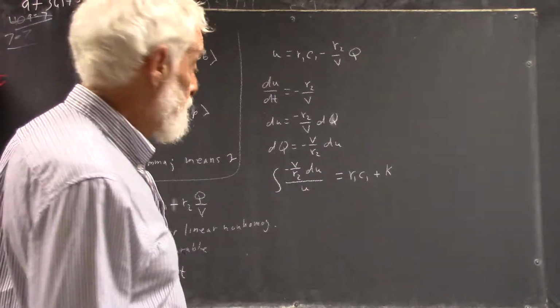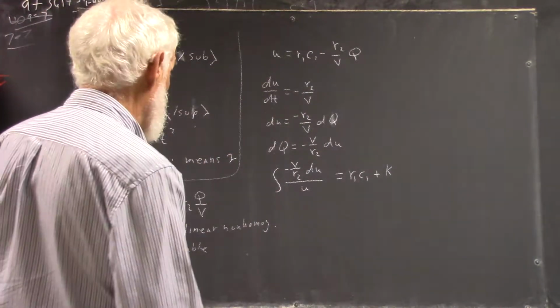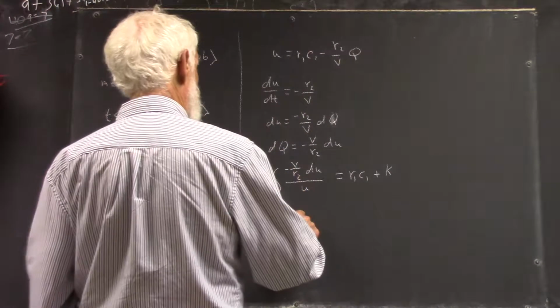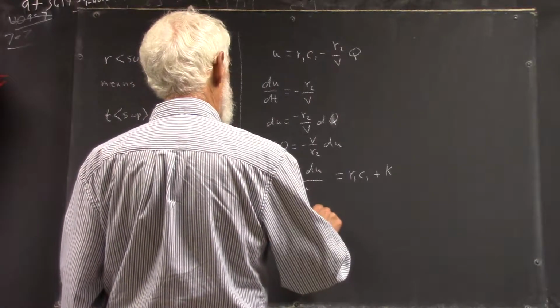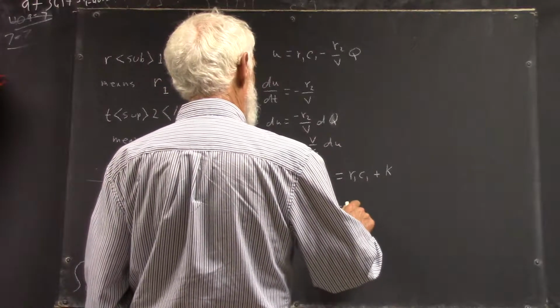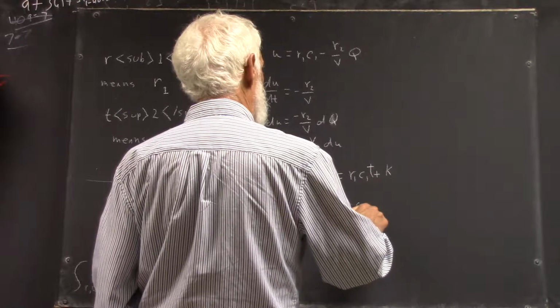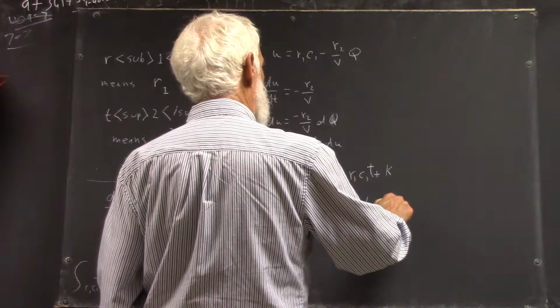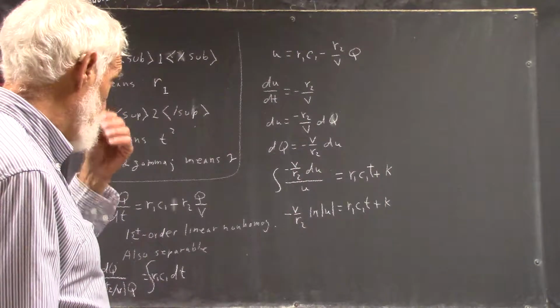Okay? So we have this, and this is just a constant, so we get negative V over R2 times the natural log of the absolute value of U, equals R1C1 t plus an integration constant. Okay?